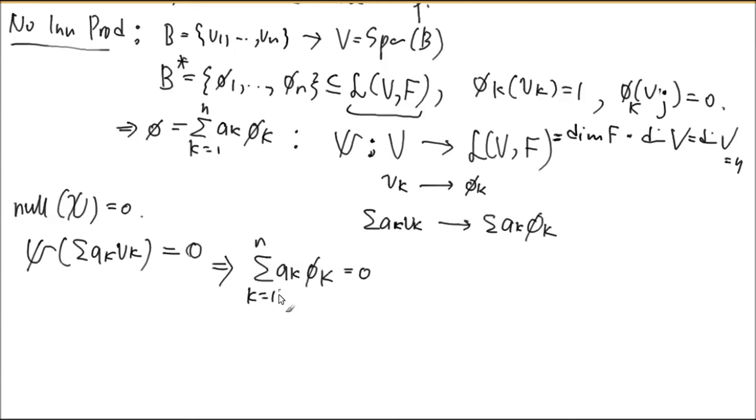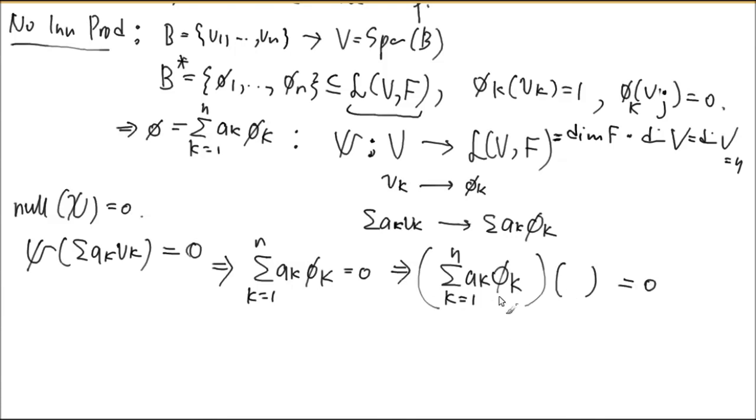And we want to show what? That the ak are all 0. So how do you establish that two functions are equal? You have to plug in a vector there. To establish that two functions are equal, you have to evaluate those functions. So where should I evaluate this function? The sum of ak phi k, does it look like the name of a function? I'm applying something to it, and this part is going to be 0 no matter what you plug in.